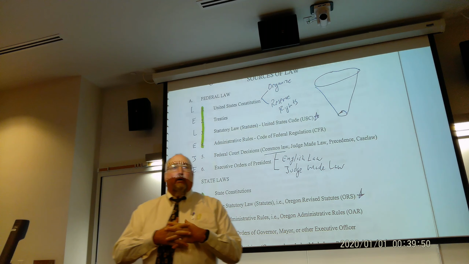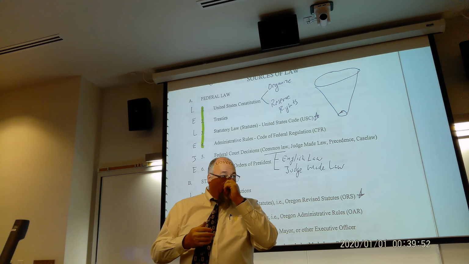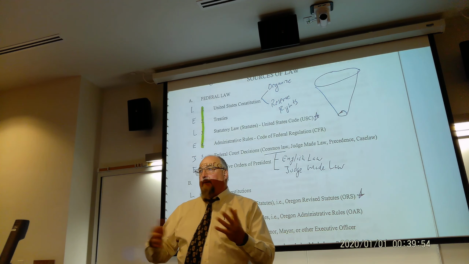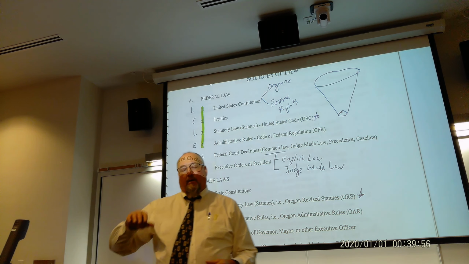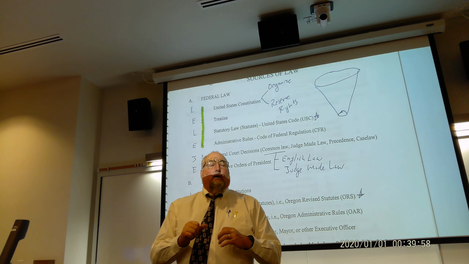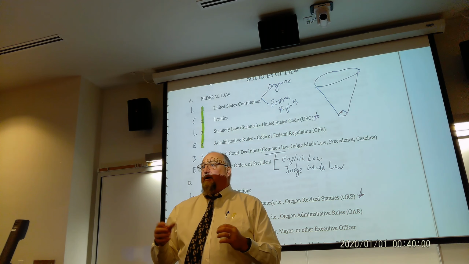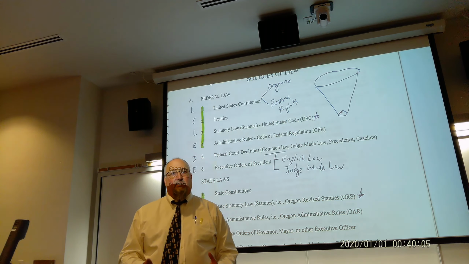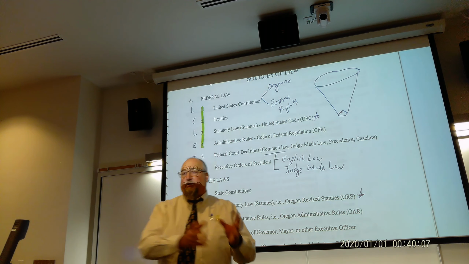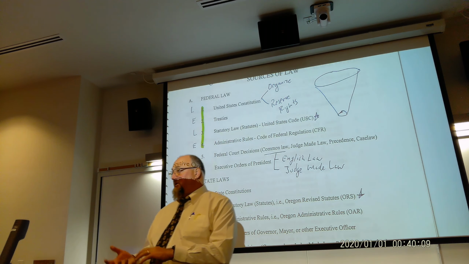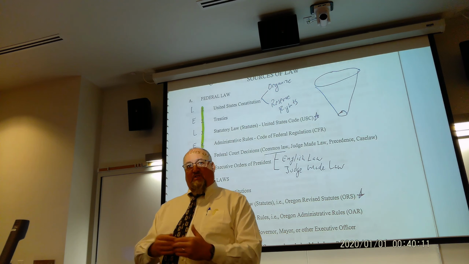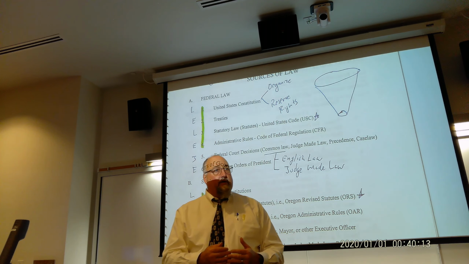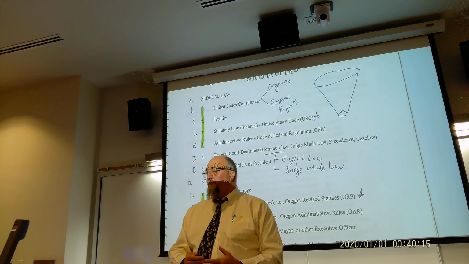An executive order is an order that's issued by the chief executive or perhaps the head of a department about how the law is to be enforced or not enforced. So the president can issue an executive order on how a particular law will be enforced or not enforced at the federal level. At the state level, a governor can issue an executive order.